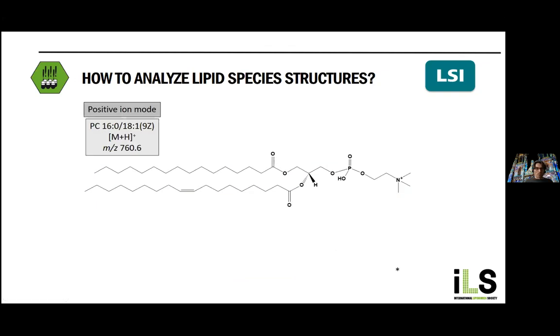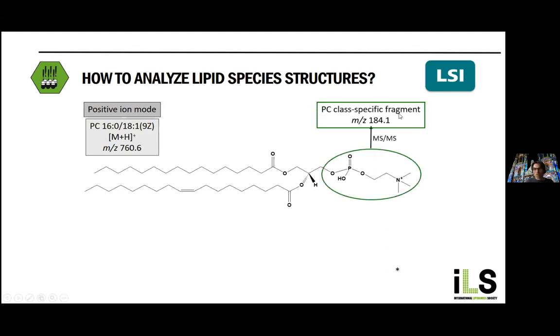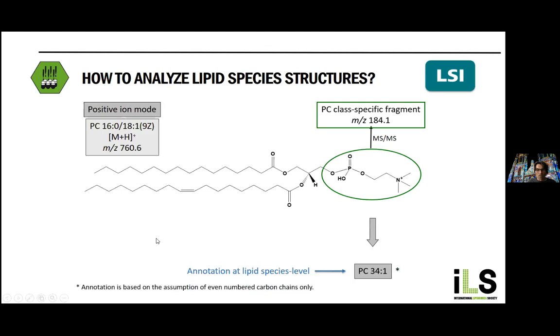So that is another example. It's a PC molecule, also in positive ion mode. Here there is a very specific fragment, the 184 fragment. It's the head group of a PC molecule, and in that case also it's lipid species level. You also need this assumption.